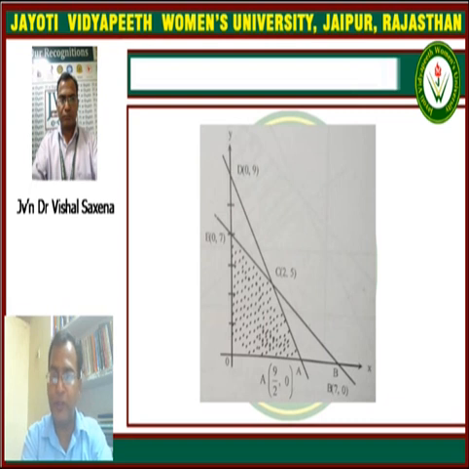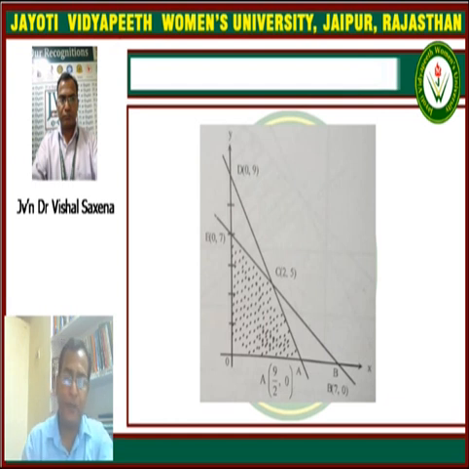Point C is 2, 5, and point E is 0, 7. Now we will find the value of the objective function at these extreme points. You can see clearly that O, A, C, E, O is the common feasible region.